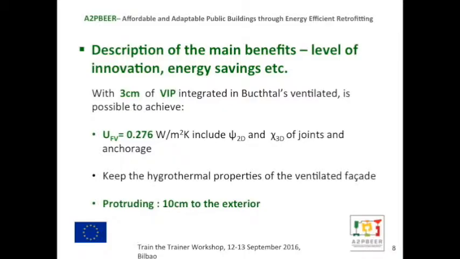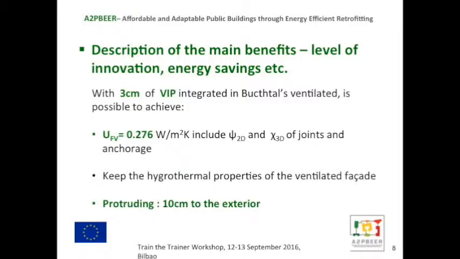So with these solutions, we can achieve a U value, as I said before, of 0.276, including the linear thermal transmittance of the linear thermal bridges and the punctual thermal transmittance of the 3D thermal bridges.